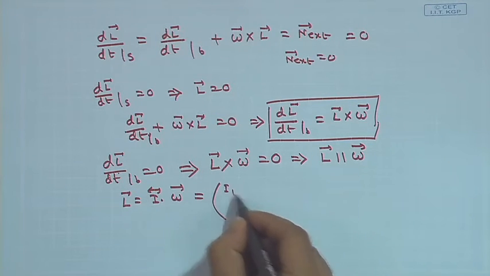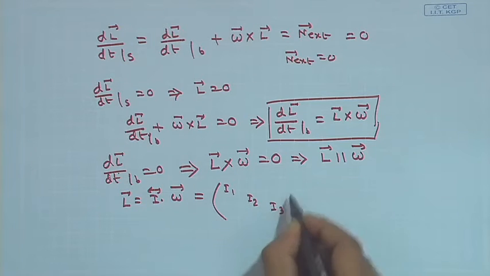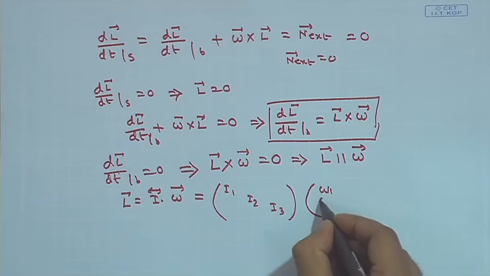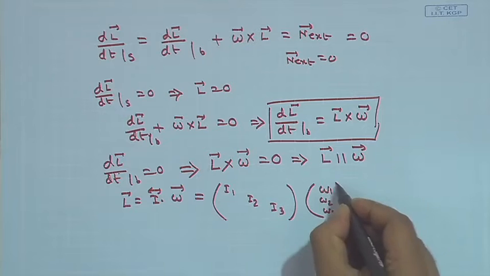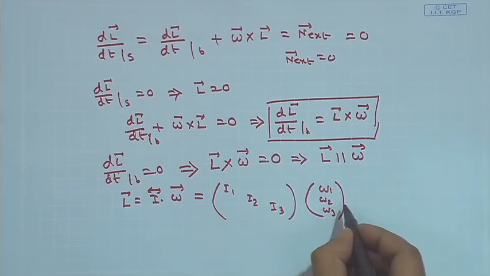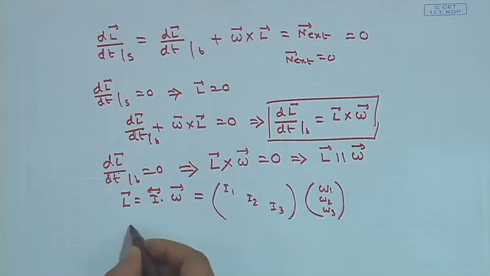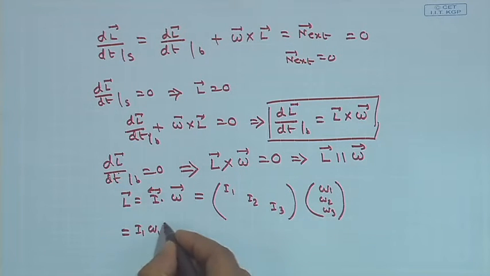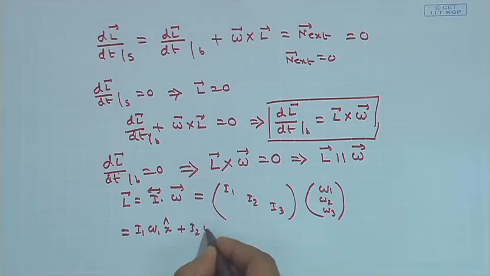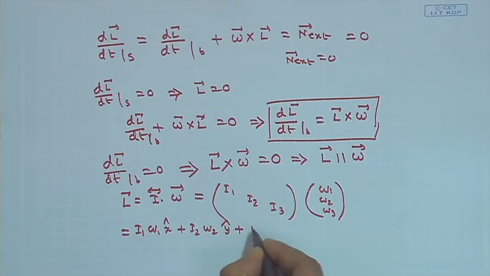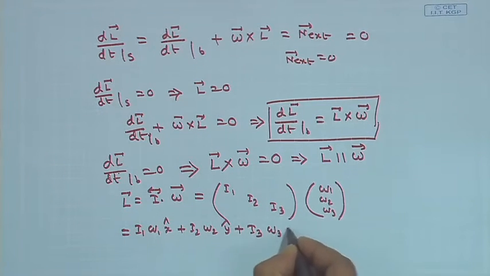We get I1, I2, I3, omega 1, omega 2, omega 3. So, this will give you around a principal set of axis L equal to I1 omega 1 x cap plus I2 omega 2 y cap plus I3 omega 3 z cap.